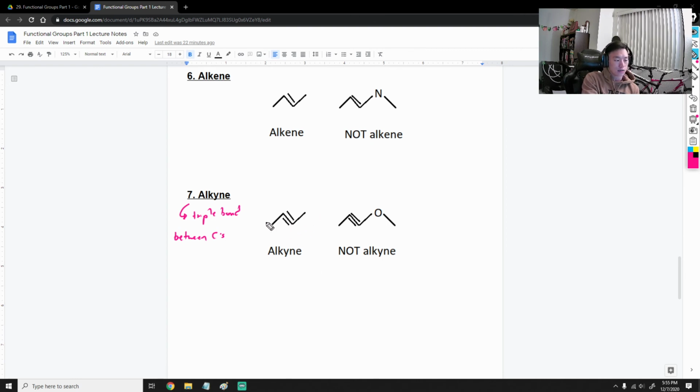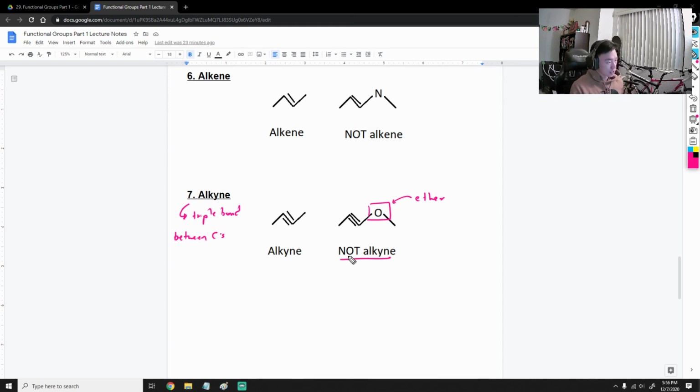So here on the left we have an alkyne because there's a triple bond between carbons, but here we have a triple bond between carbons, but we have an O in between. So this would actually be considered an ether. This is not an alkyne because there's an ether. There's an O. So again, alkanes, alkenes, and alkynes, we only use them if there are no other functional groups inside the molecule.